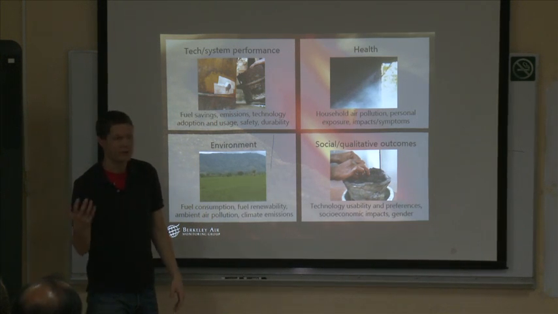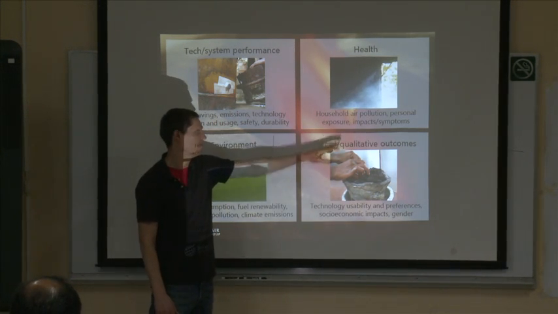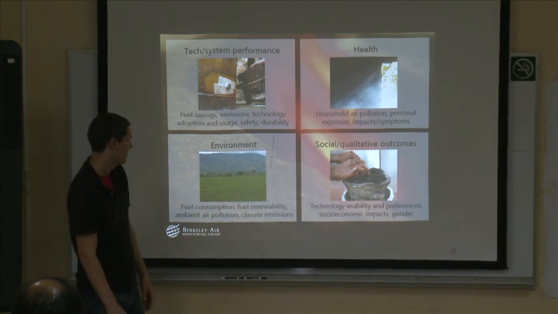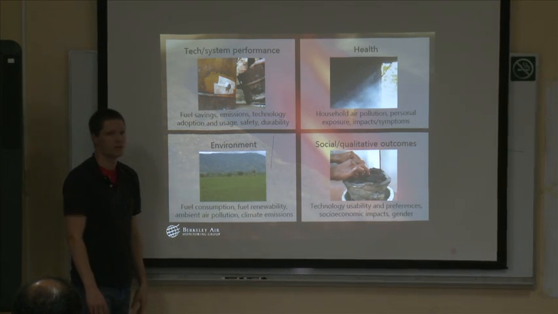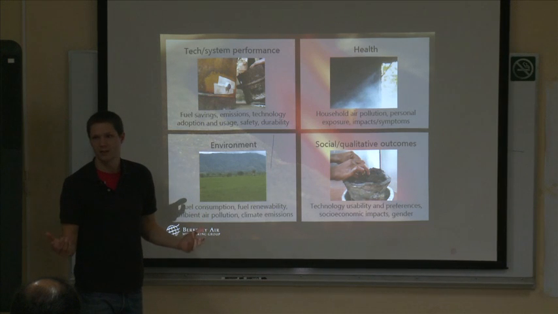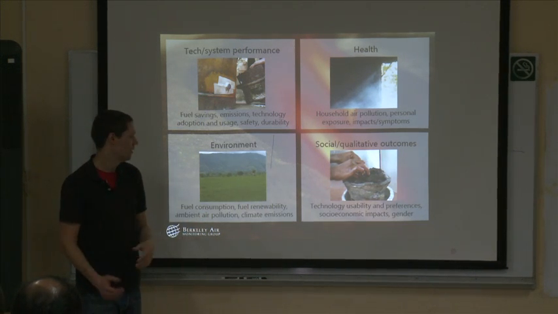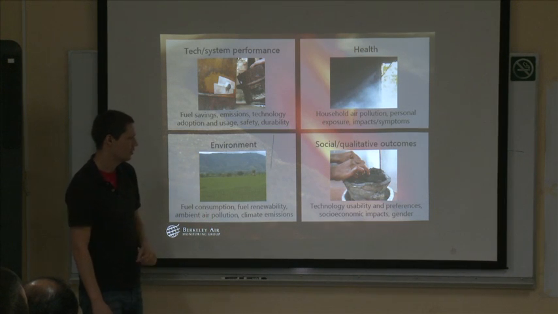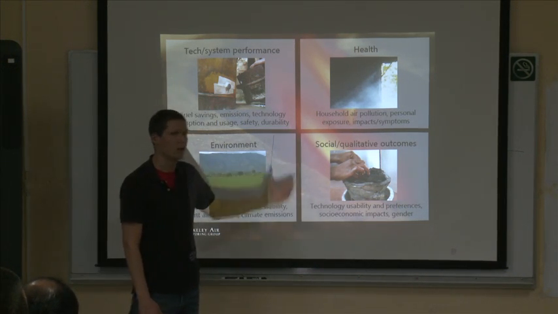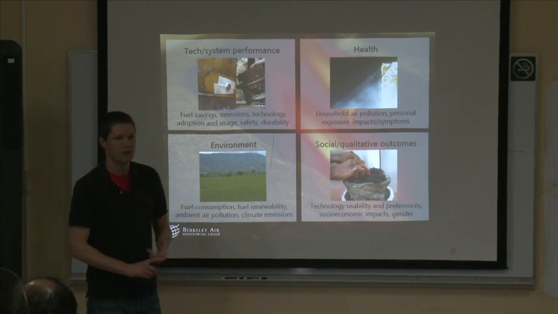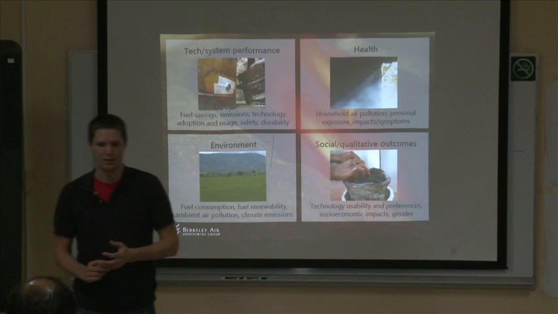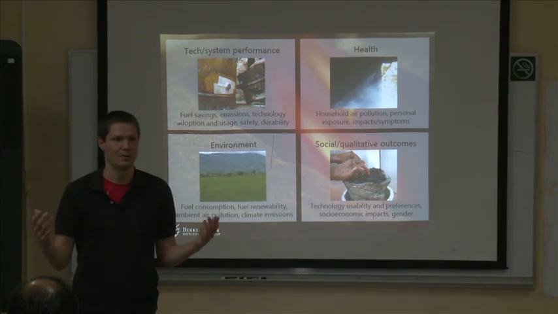You might want a study that's specifically looking at personal exposure, or maybe you actually want to measure acute lower respiratory infections. Environment: maybe you're very interested in the impact on ecosystems, so you want to look at the renewability of the fuel, consumption impacts, also ambient air pollution, climate forcing species. Or social and qualitative outcomes, so looking at the usability of technologies, user preferences, socioeconomic impacts, gender. All those are different things that you might be interested in.